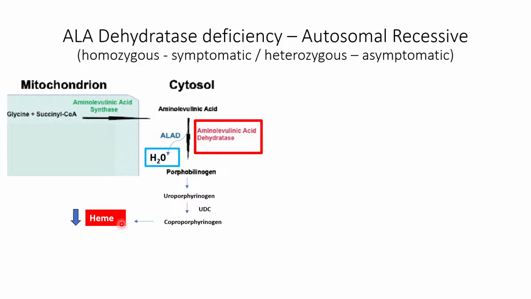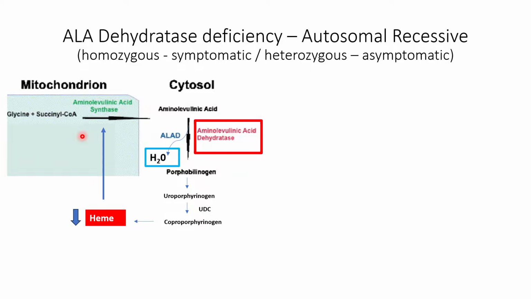When heme production decreases, note that heme has a feedback inhibition on ALA synthesis. When the body produces less heme, it increases its own production. So in this case, when heme production is decreased, this will stimulate ALA synthesis, and ALA synthase activity will increase.